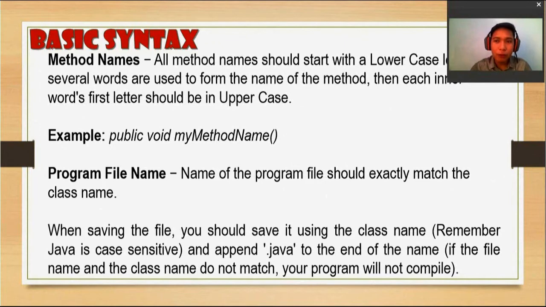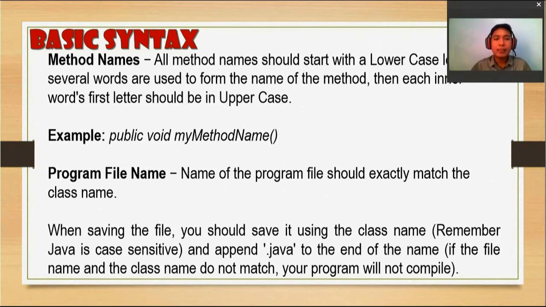Now, in a method, the first letter of the name should be lowercase. For example, we have public void myMethodName. The word my, the first letter, is in lowercase. Okay? So remember that. In a class, the first letter should be uppercase. In method names, the first letter should be lowercase.